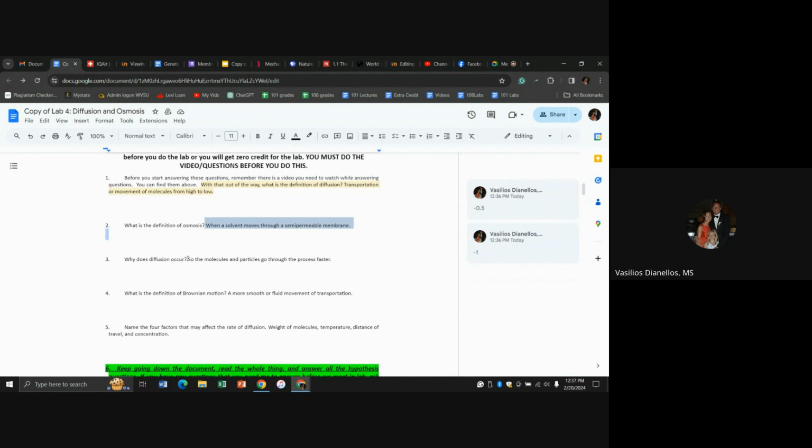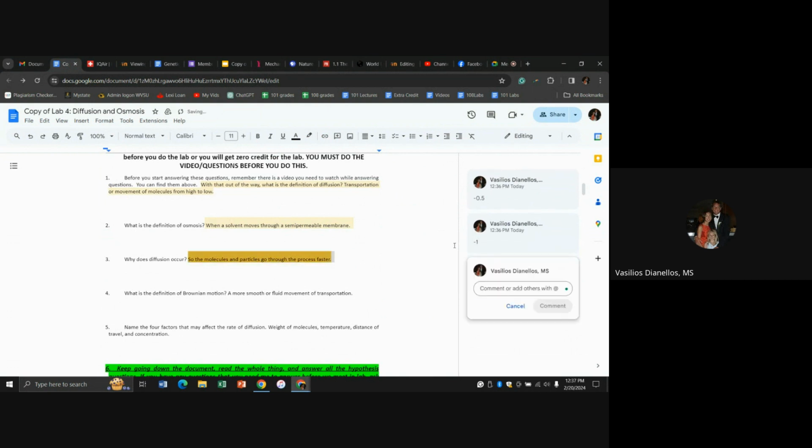Why does diffusion occur? So the particles go through the process faster? No, just read. If you read the introduction, there's literally a sentence that says, diffusion occurs because of blank. I may have never reminded you specifically, but I've reminded people in general: the purpose of these questions, other than making sure you understand the concepts, because some of these concepts are very important, is also to prove that you read the introduction, right?